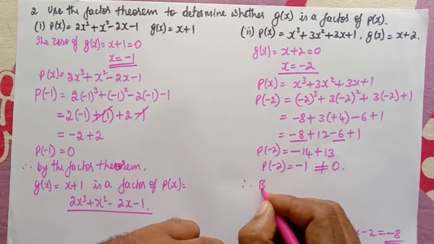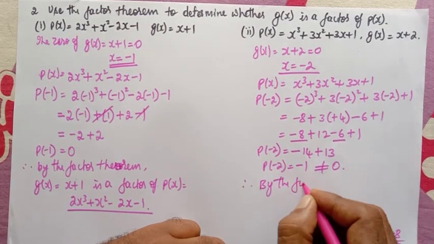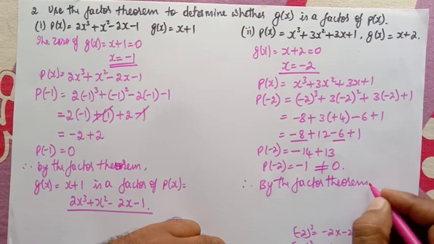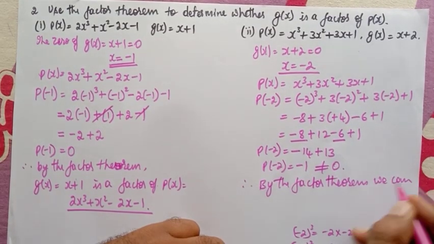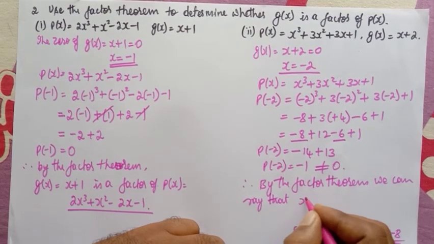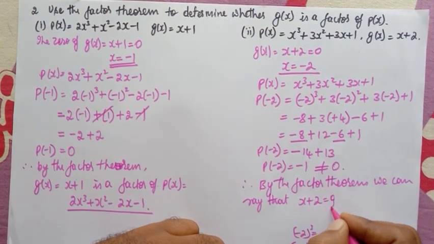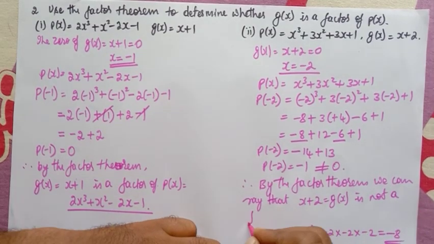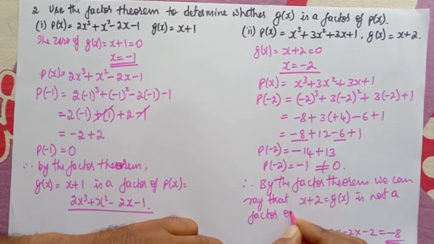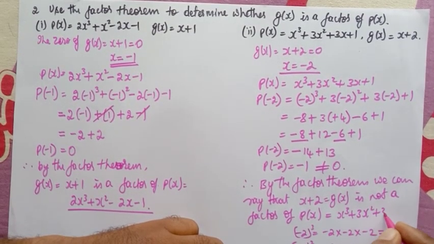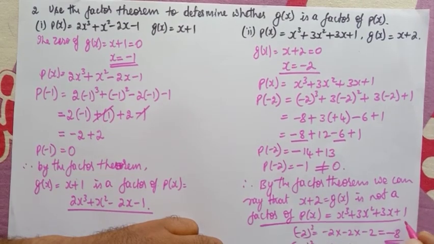Therefore, by the factor theorem, we can say that x plus 2, which is g of x, is not a factor of p of x, which is equal to x cube plus 3x square plus 3x plus 1.